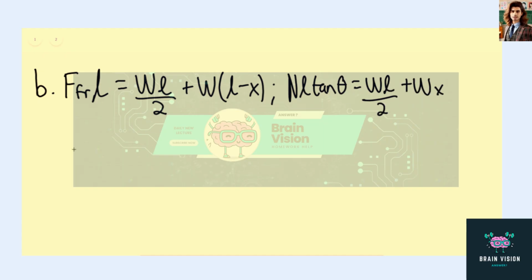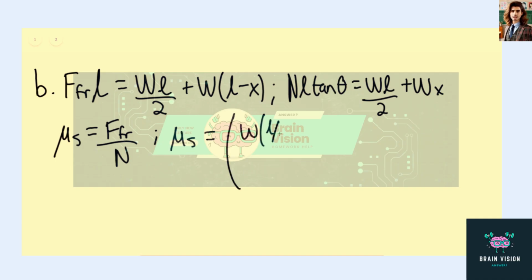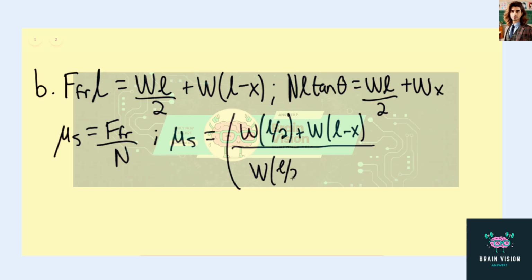We also know that the coefficient of static friction equals the force of friction divided by the normal force, which means that the coefficient of static friction would be equal to the weight times L over 2 plus the weight times L minus x, divided by the weight times L over 2 plus the weight times x, and then multiplied by tangent of theta.